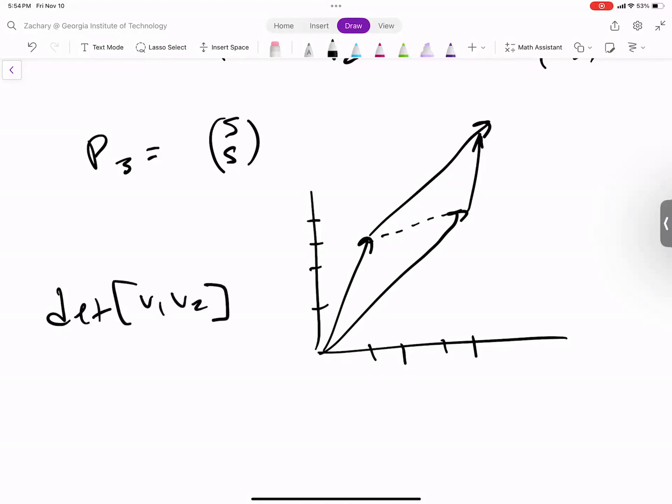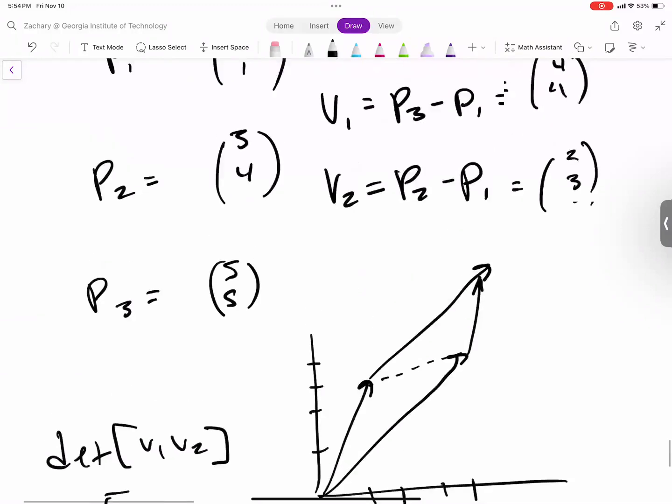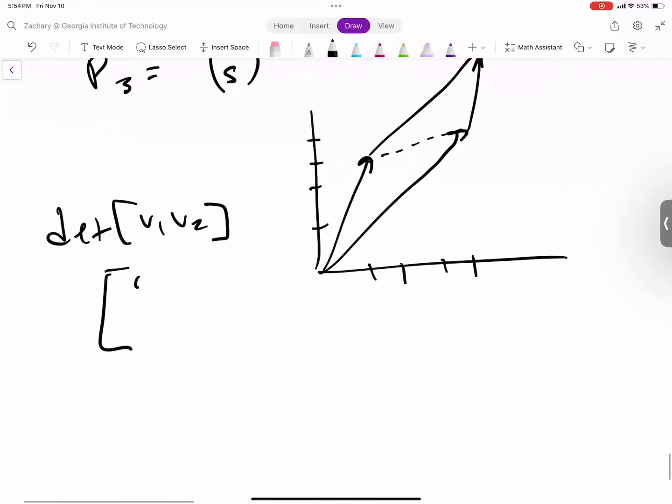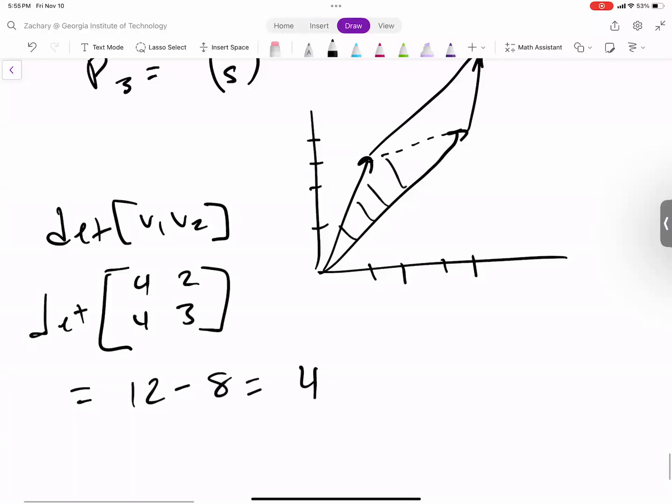That's how we define it. So this is 4, 4, 2, 3. The determinant of this is 12 minus 8 equals 4. So that's this total area. So how do I find the area of just this part? Well, it's just half of it. So this just becomes 2.